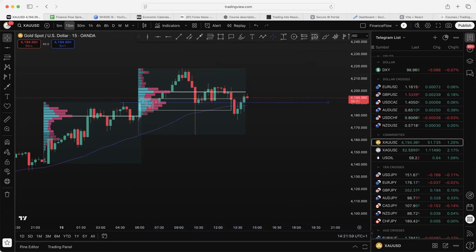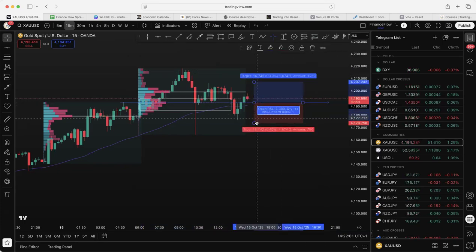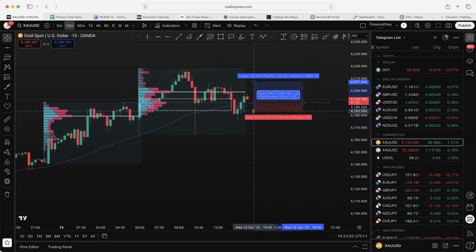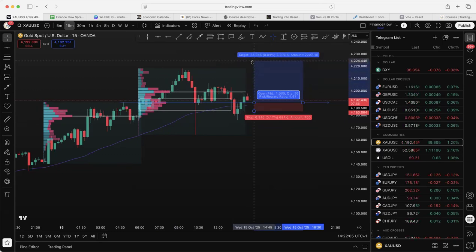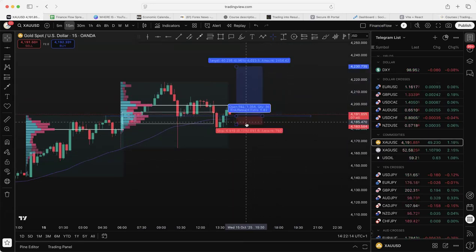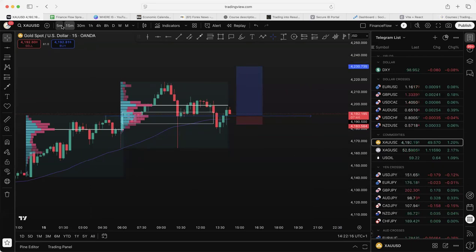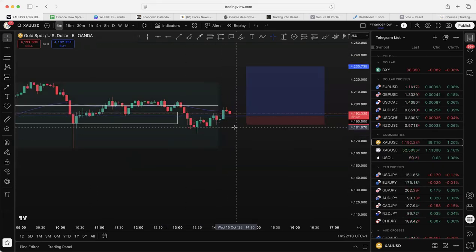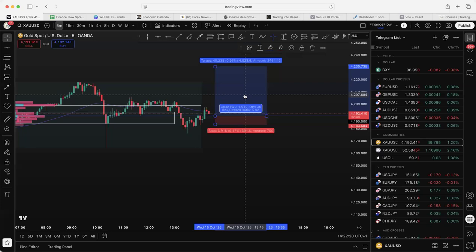This would be a great opportunity, if it holds, to take this a little bit higher. I still think we can carry on trending here, but something like this would be a high risk gold trade, so we need to monitor how well this holds. But it's looking very, very nice.